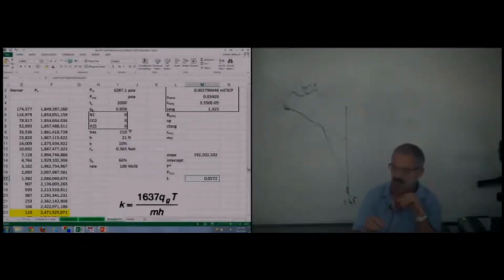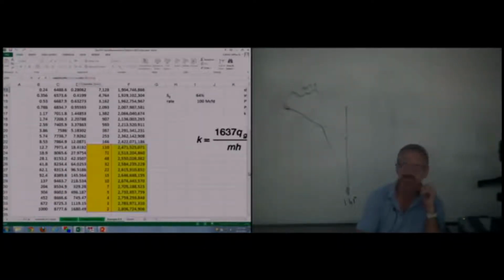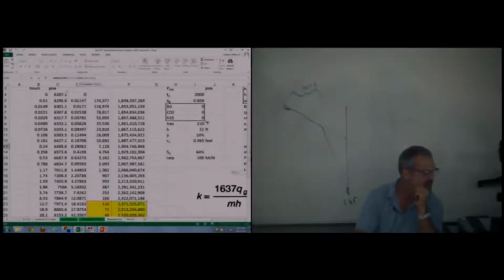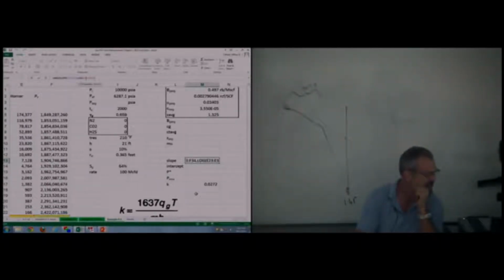Can you click on the slope real quick, just to see the series? It's the data I highlighted. I picked up about 100 as the Horner time at the beginning. We need 2 points. We need a slope and an intercept.